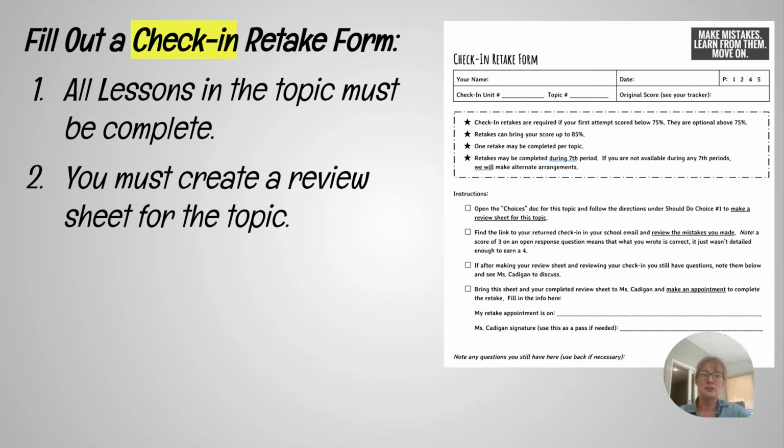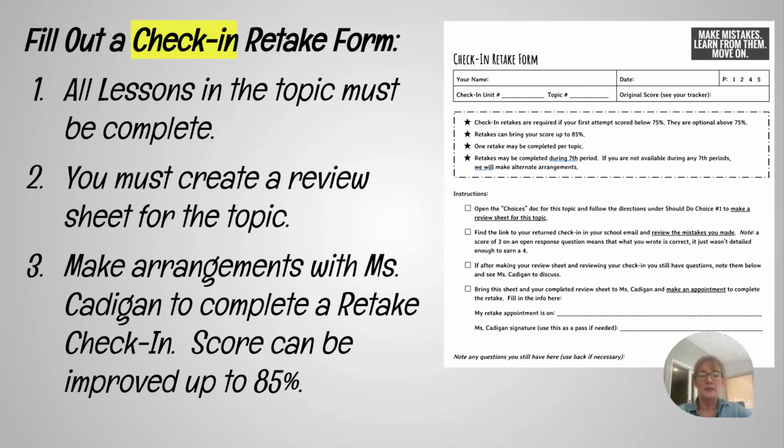And then you need to create a review sheet for the topic, following the instructions in the should do assignment. And as I said, the specific instructions are here for you. And then you need to come make arrangements with me on when to take the retake. And as I mentioned earlier, that can bring your score up to an 85%. So you'd grab this sheet, follow the instructions, fill it out, bring it to me, okay?